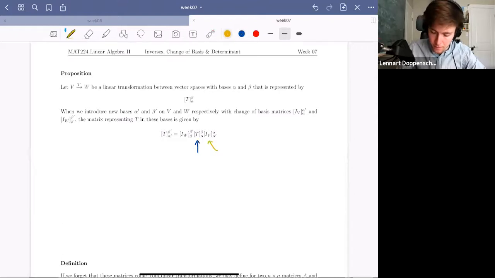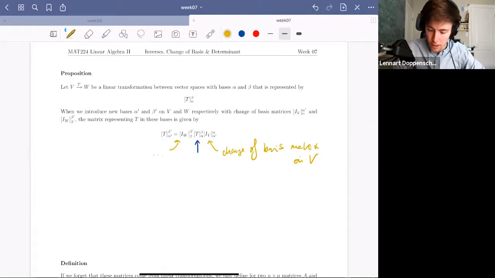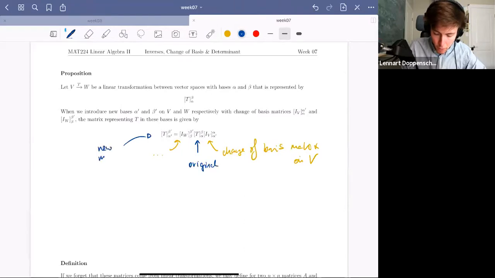This is the change of basis matrix on V, the domain, and this is the change of basis matrix on W. So if you sandwich the original matrix, then you get the new matrix representing the same transformation, only in a different choice of bases. You just multiply the matrices from the left to the right.